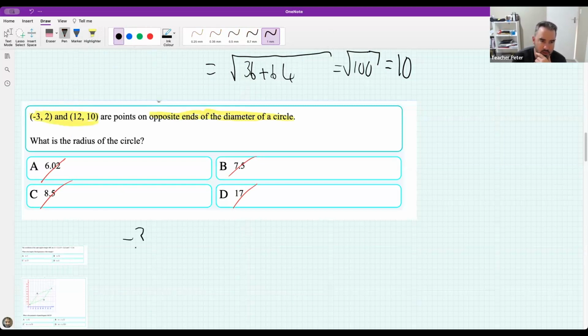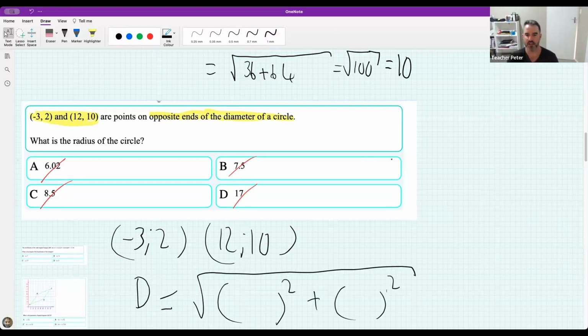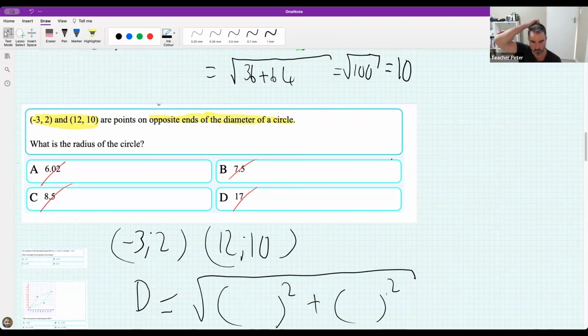So you have the point minus 3, 2, and you have the point 12, 10, and you have the distance formula, which basically just says that. I want you guys to work out what is the distance between these 2 points.